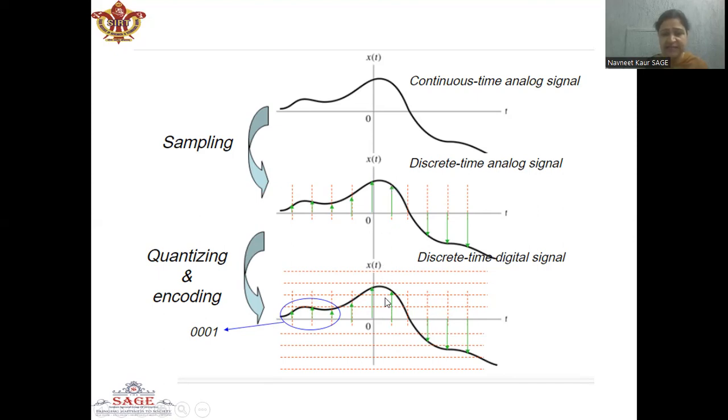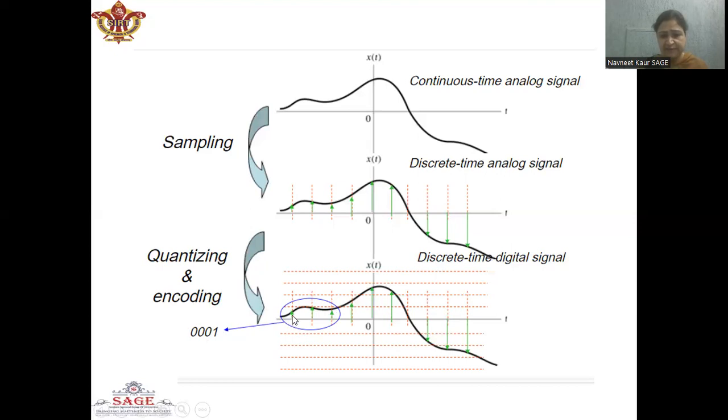Then, instead of having values in the continuous range, the amplitudes of these samples will have fixed values among the quantization levels. Now, if I provide a code for all these quantization levels, then the values of these samples will be encoded into bit combinations, which are made up of 0 or 1 bits.